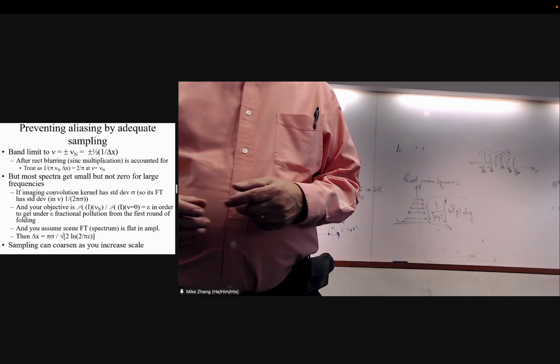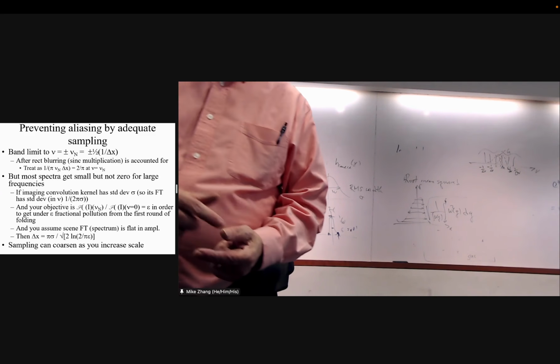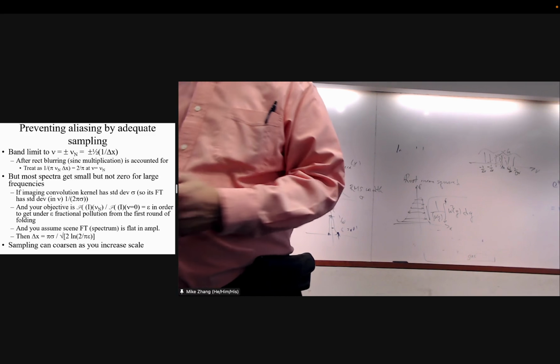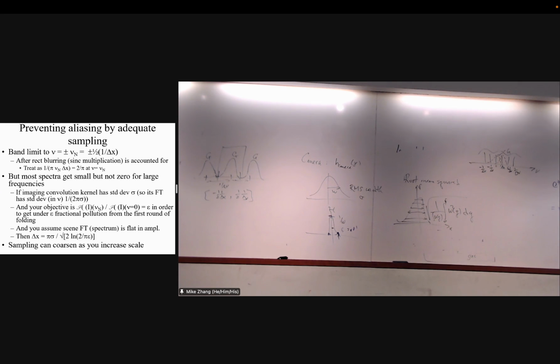Well, the new h is the convolution of the camera's h and this computational h, which is going to have a bigger sigma, right? You convolve two Gaussians and you get a wider Gaussian.